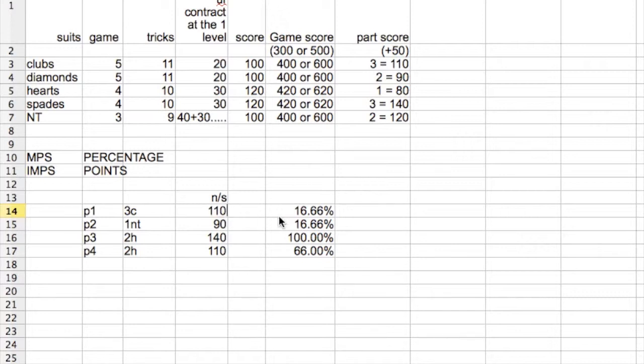I'm going crazy. Okay, so assuming they bid 3 clubs, I want something in between here. Let's say they also bid 1 no trump. Okay, 1 no trump, and they made 2. All right. So all these percentages are not valid anymore.